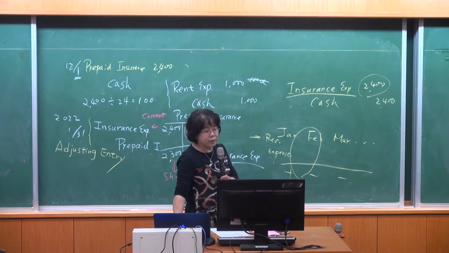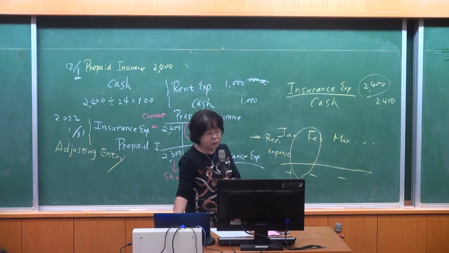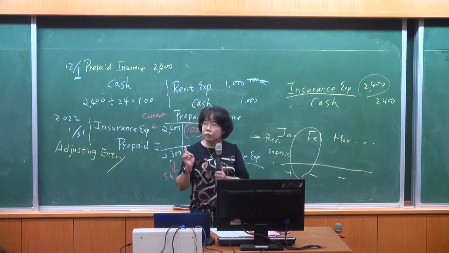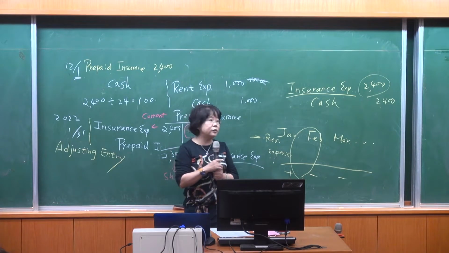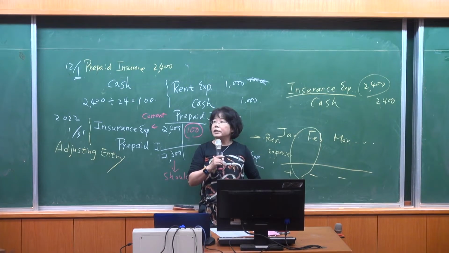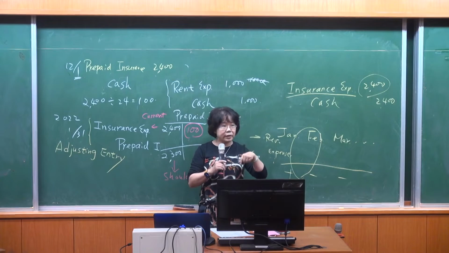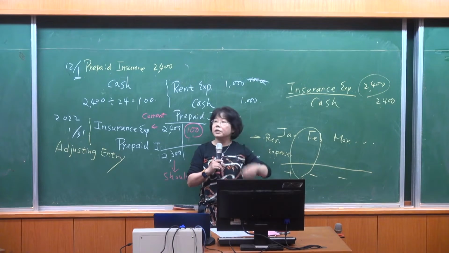Each adjusting entry is made at the end of an accounting period. 注意啊，所有的调整只会在期末的最后一天, the last day. So for all the entries you have to put on the date, they are always the last day of the accounting period.